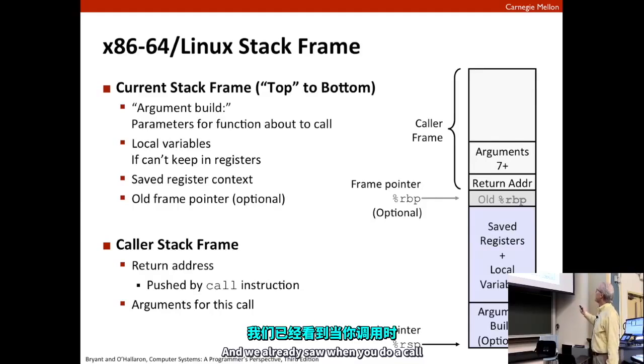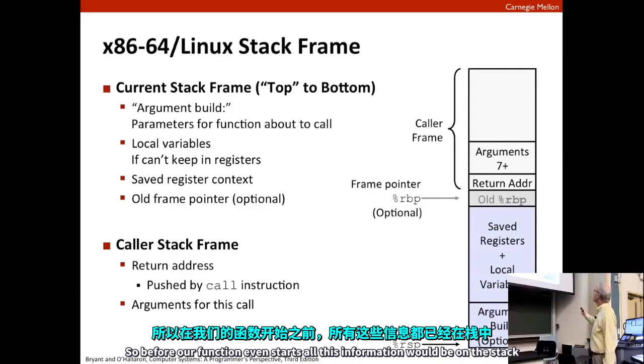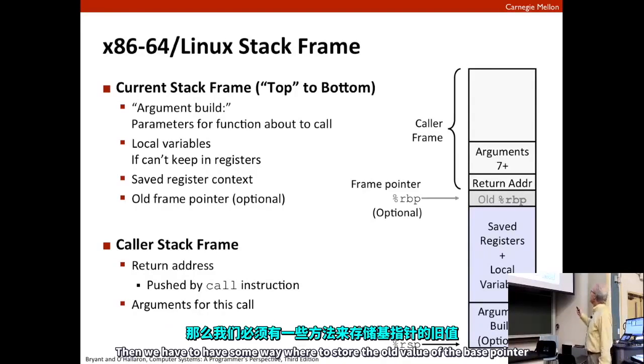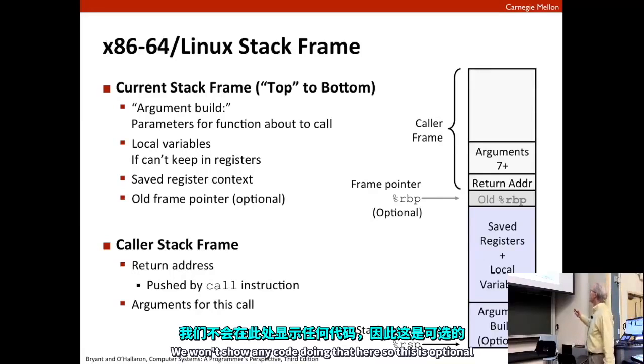And we already saw when you do a call, it will push the return address onto the stack. So before a function even starts, all this information would be on the stack. Now, if we're making use of a base pointer, then we have to have somewhere to store the old value of the base pointer so that we could fix it back when we return. We won't show any code doing that here, so this is optional.